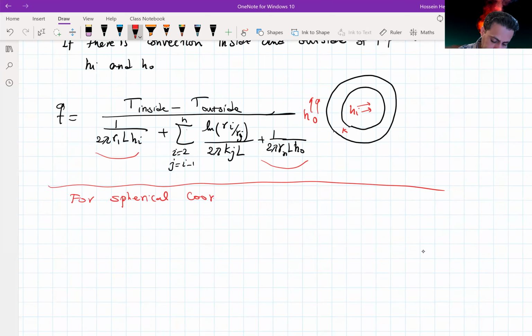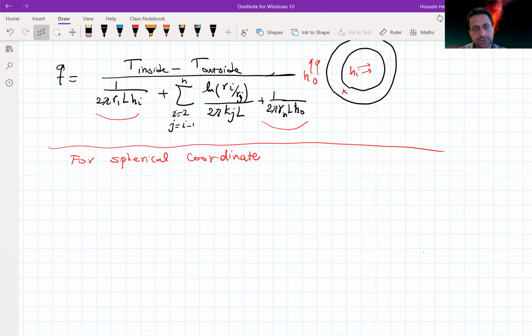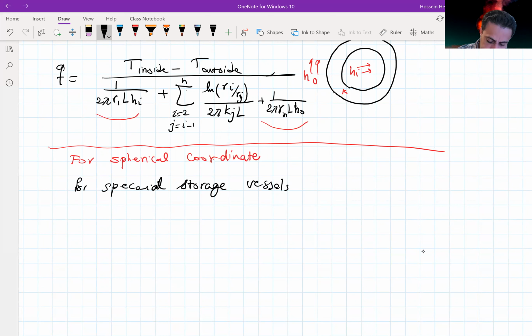Spherical coordinate. An example of that would be special storage vessels for gases, which are generally in a spherical geometry.